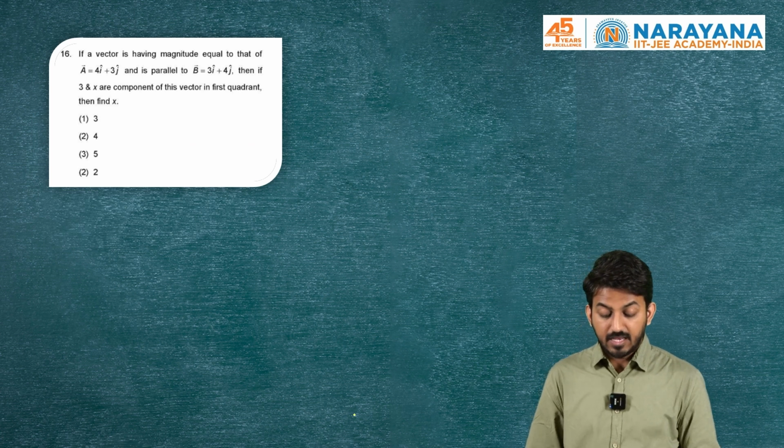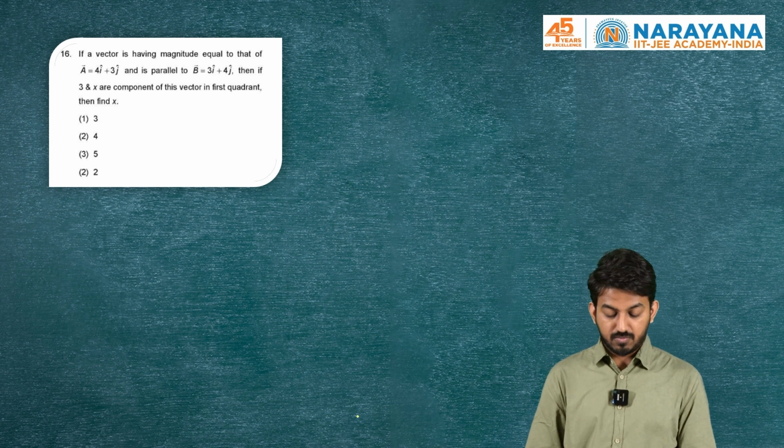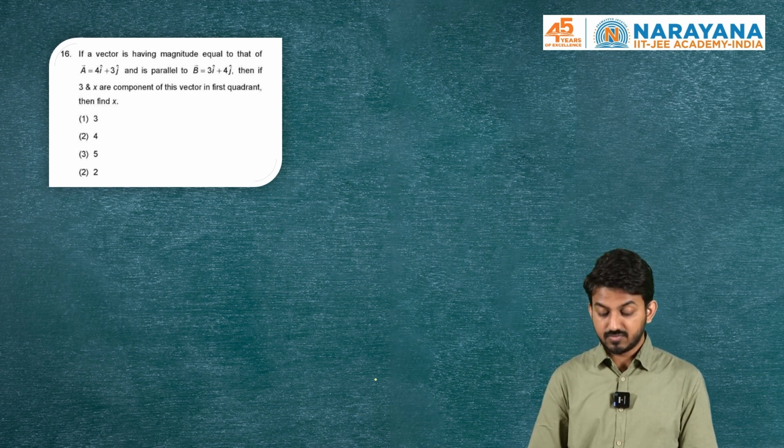Move on. Now we have two vectors here. They have said a C vector has magnitude equal to that of the A vector and is parallel to the B vector. Now the components given are 3 and x.